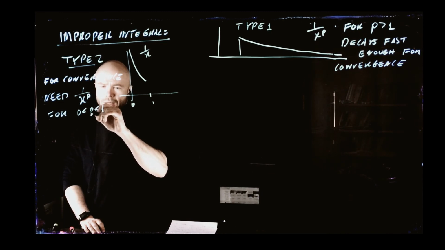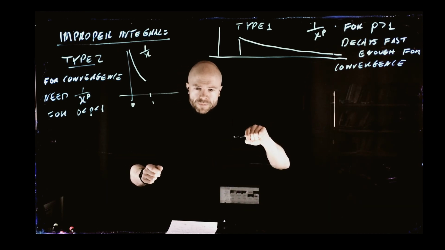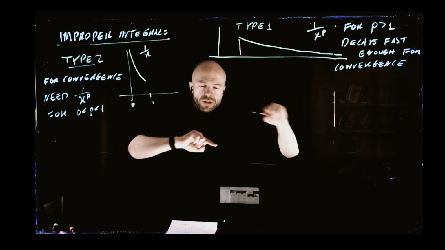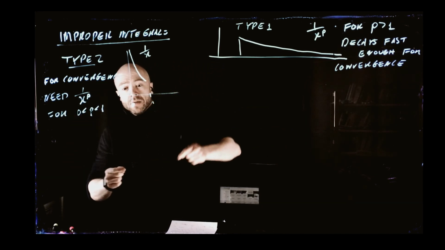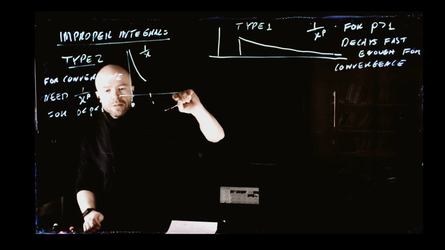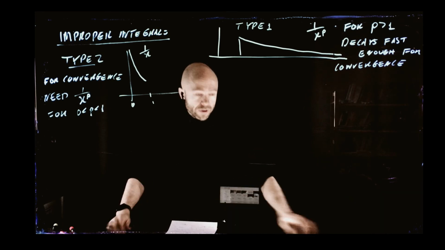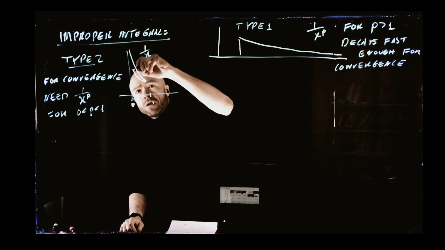Because as we talked about last time, if we have 1 over x to the p, where p is between 0 and 1, since if we take a root of a number x between 0 and 1, the root is bigger. Therefore, 1 over x to the p is blowing up less quickly, and it turns out it blows up sufficiently less quickly in order for there to be a finite area underneath the graph.